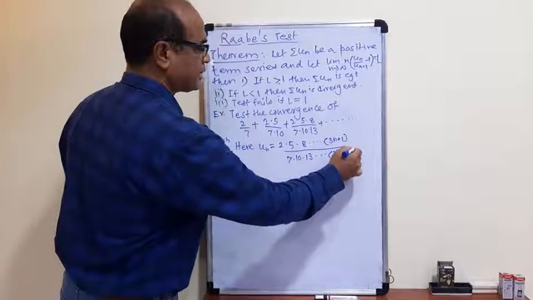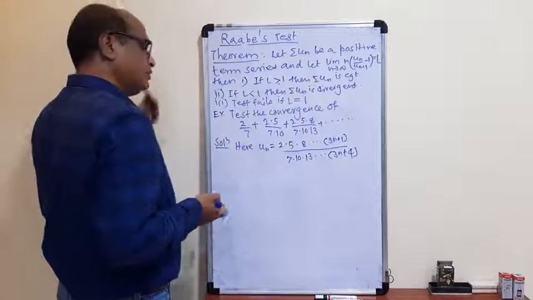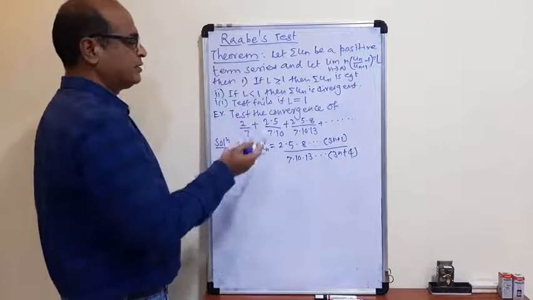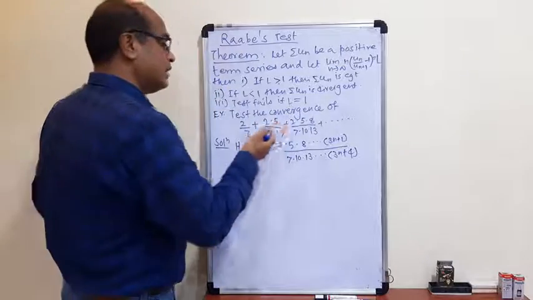So if you put n is equal to 1, then we get the first term, then second term, and so on. So this is the nth term of the series here.